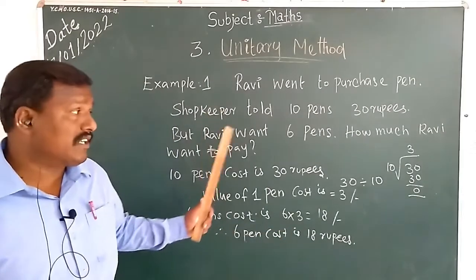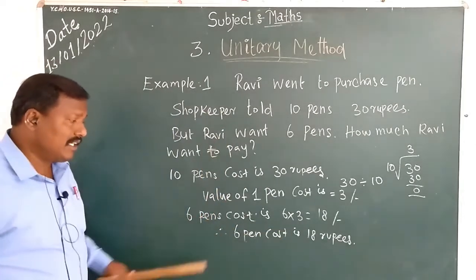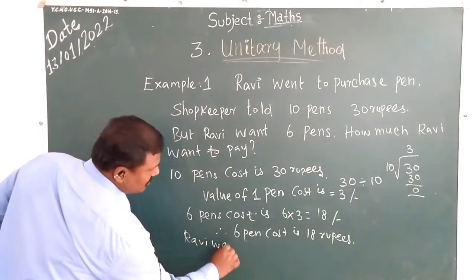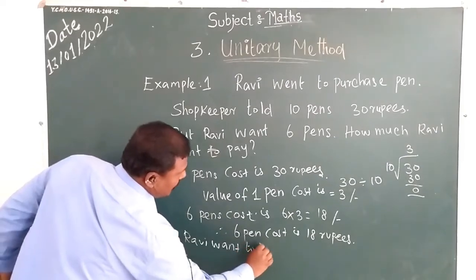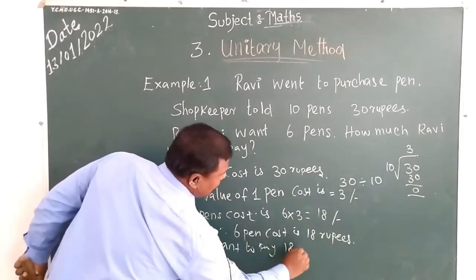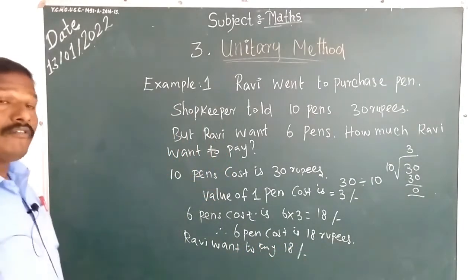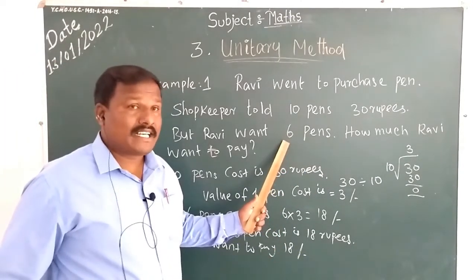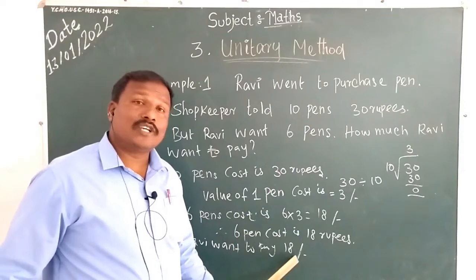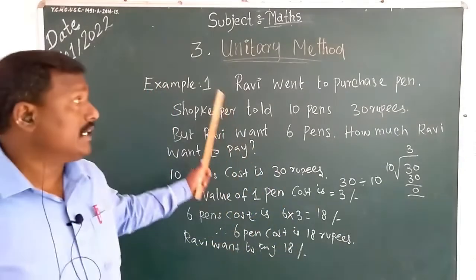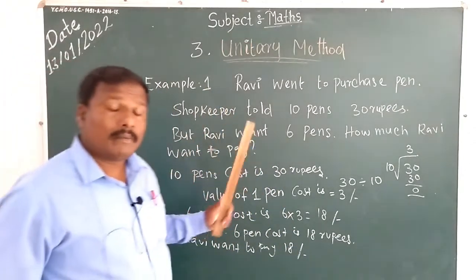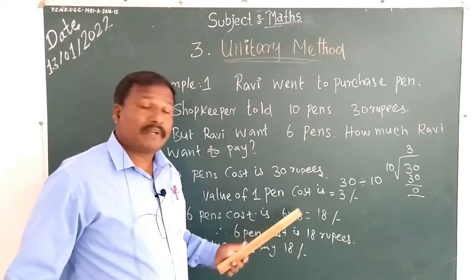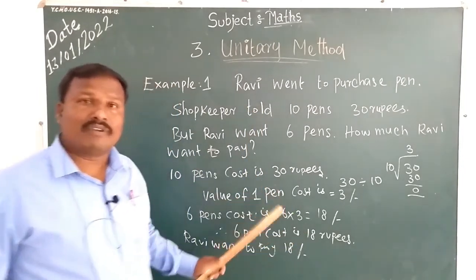So finally, Ravi wants to pay 18 rupees for 6 pens. In this sum we used two methods: division for finding one value, then multiplication for finding more than one value.